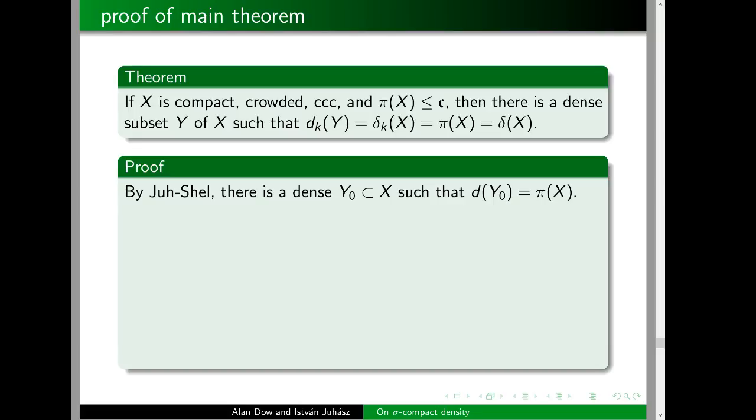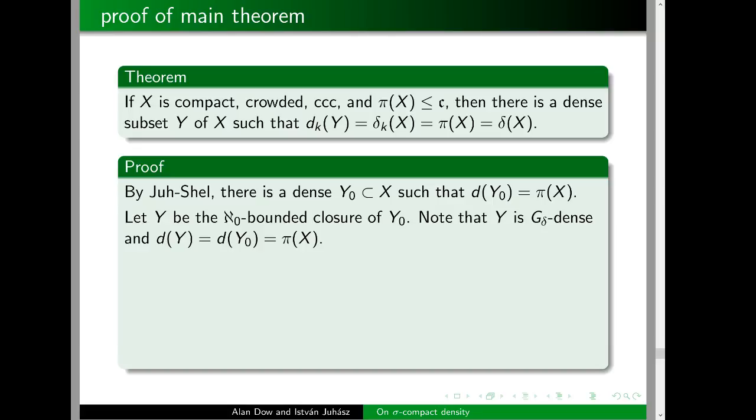So Juhasz and Shelah set us up, ready to roll. They said X has pi weight whatever, so there's a dense subset of X with that density. I examined their proof very carefully, looking at how to modify it to be useful in this context, and it turns out it was trivial.